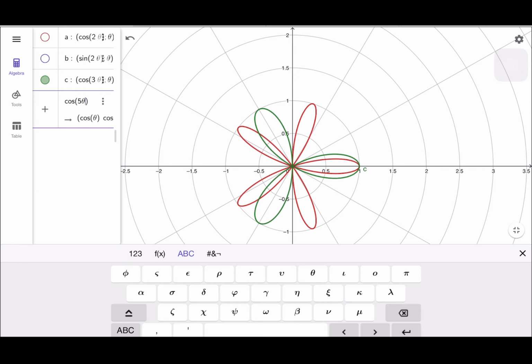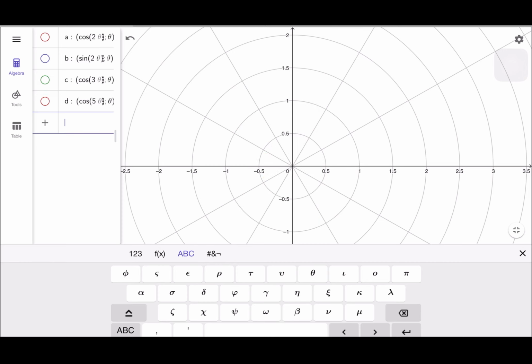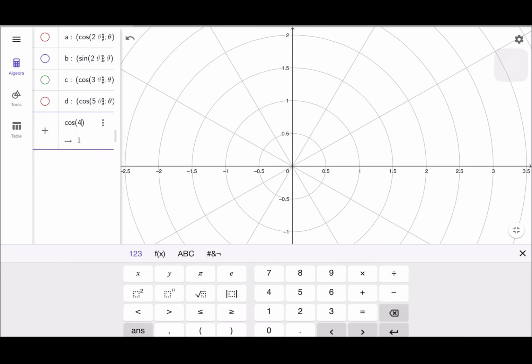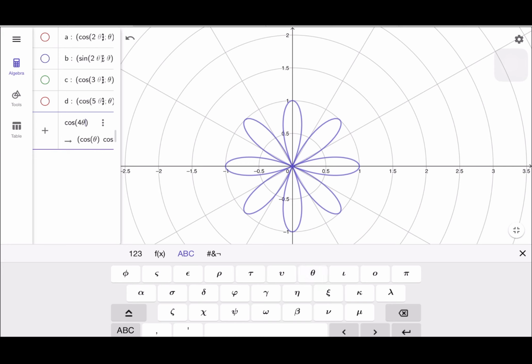So it's 5 now, so we have 5 petals or 5 leaves, and for every odd number, it will have exactly the same number as the number in the function, like 5, 3, right? But if it is even, like 2, or maybe let's try 4, it's 8 petals, right? It's twice as much as the number in the function.